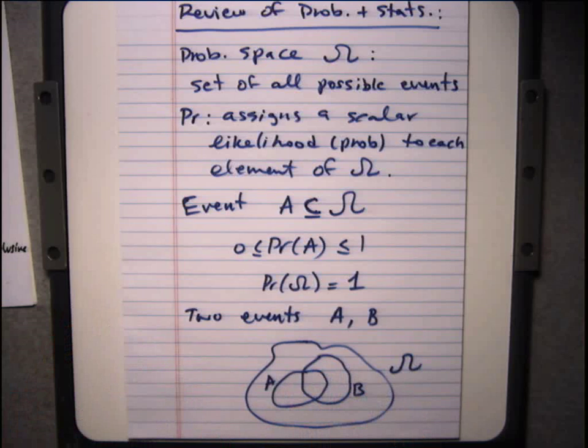They might have something in common. Now, in the case of the coin flip, they don't have anything in common, right? When you flip, you either get a head or you get a tail.